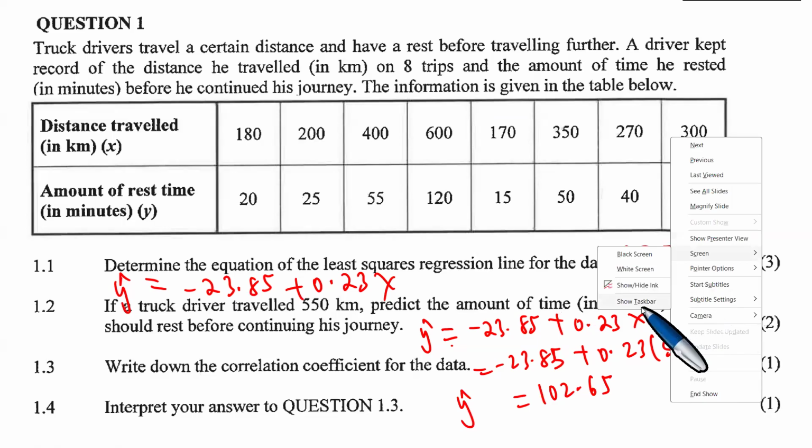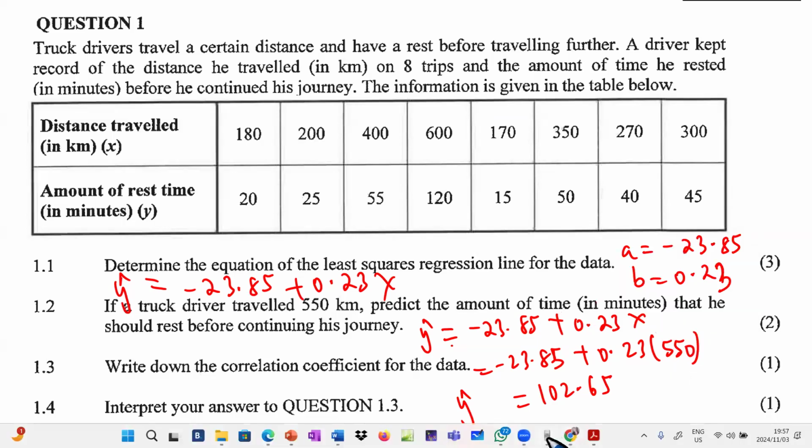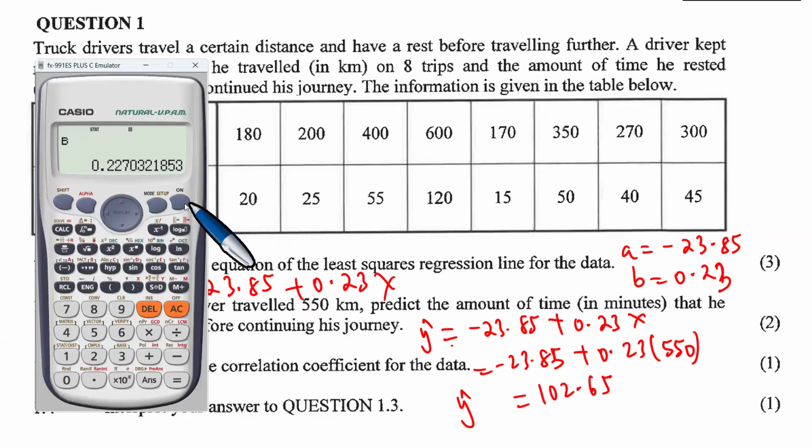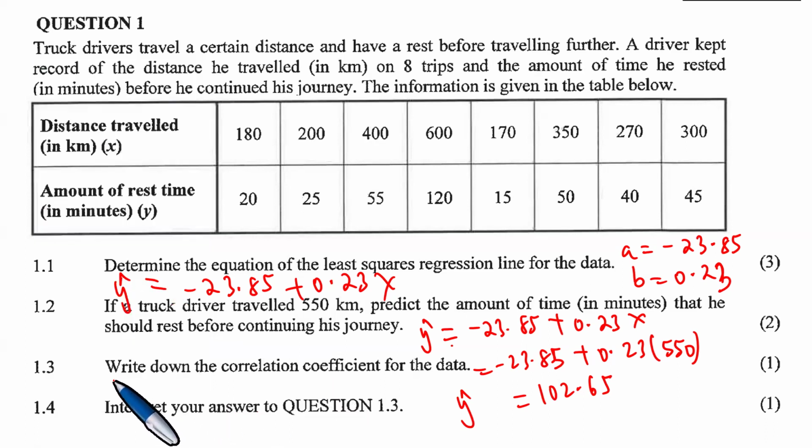I got a correct answer from one of you. To get the correlation coefficient, shift 1, then regression, 5, and then 3. 0.98 is the correlation coefficient. So the correlation coefficient is r equal to 0.98.